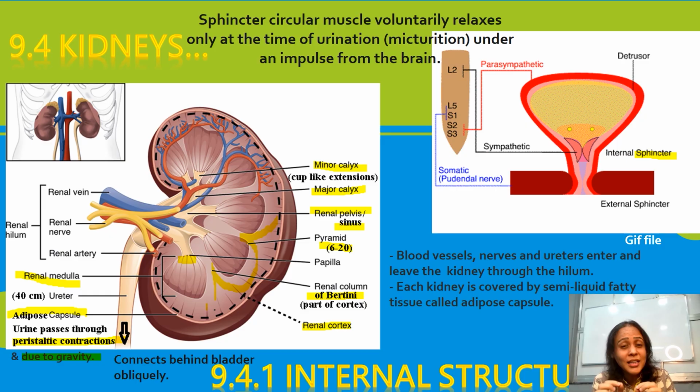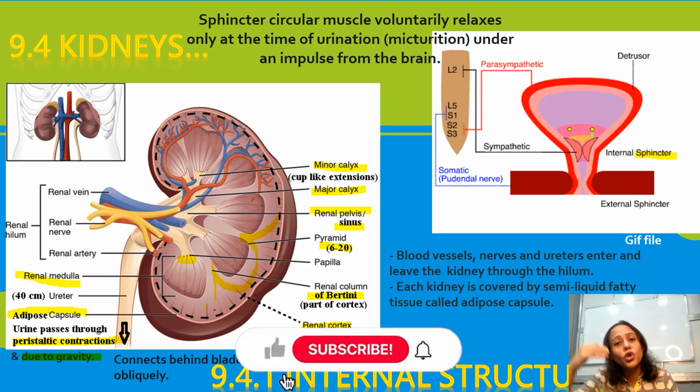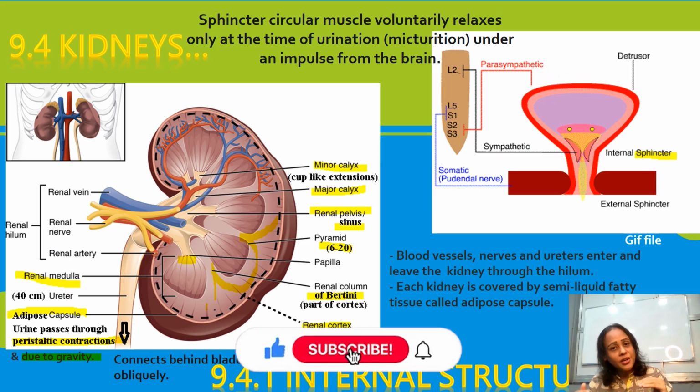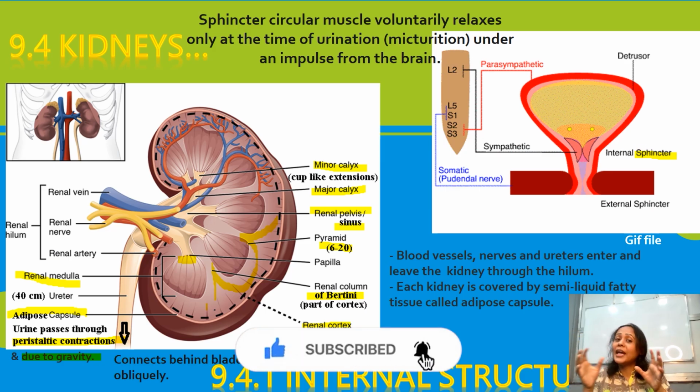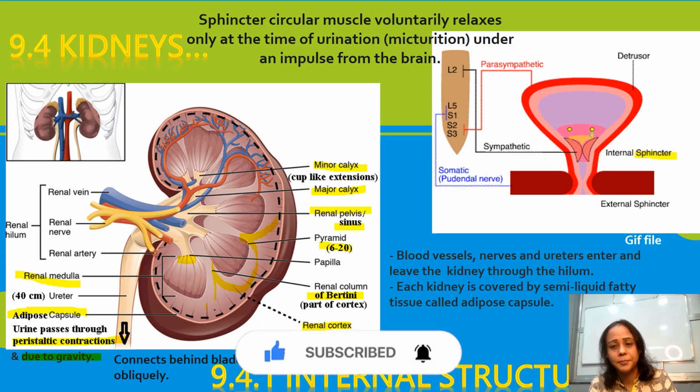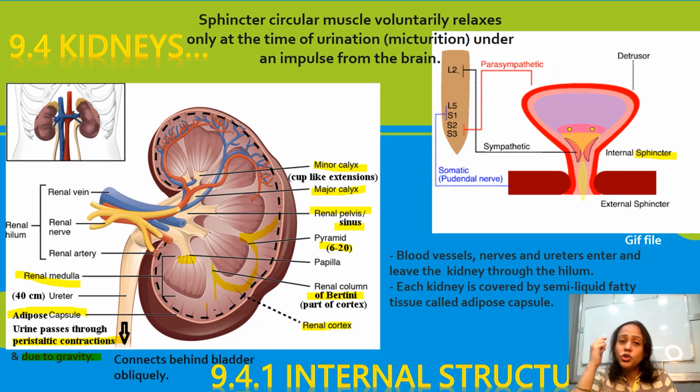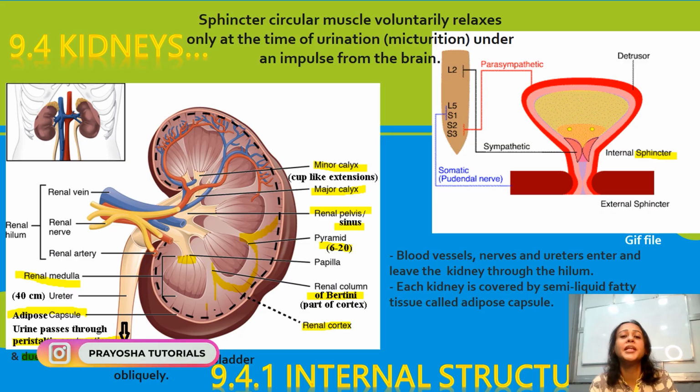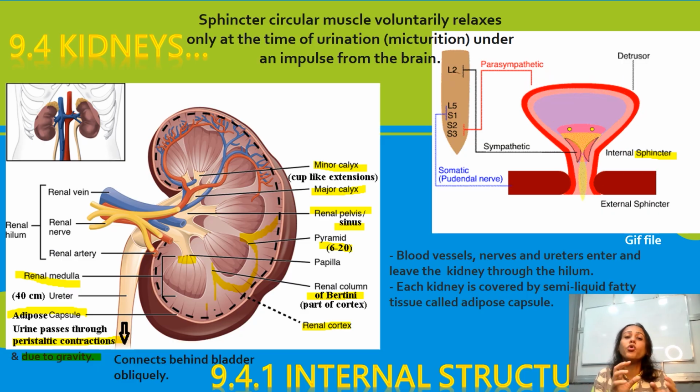Now this muscle is not developed for small children and it becomes weak for old people. So small children as well as old people cannot control their urine because of this muscle. And it is connected to your brain. So you can see the sympathetic and parasympathetic nervous system here, which is helping to control urination.